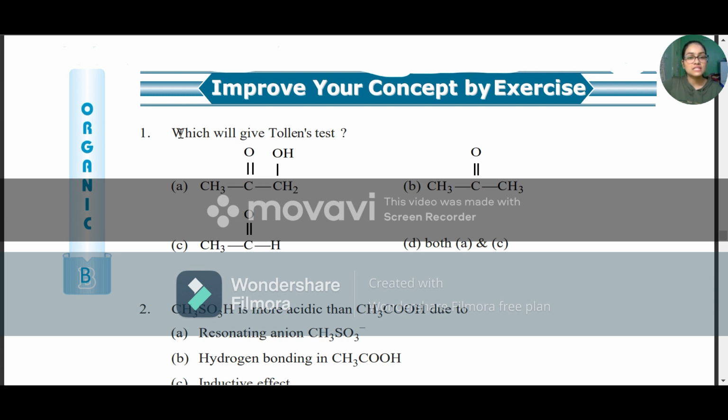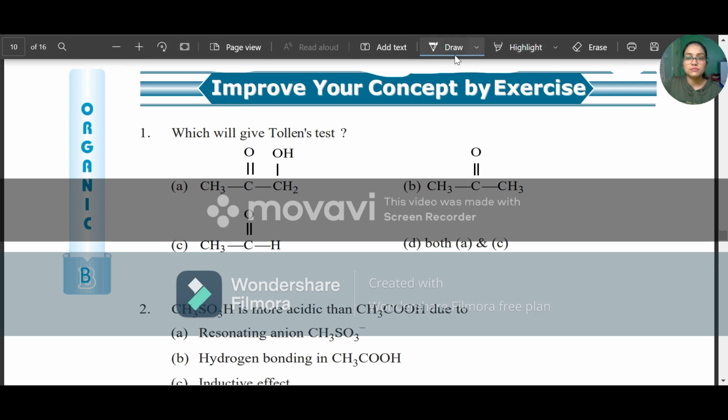So first question says, which will give the Tollens test? So this is our first option, which is a beta keto acid. This is acetone, that is a ketone group, and this is an aldehyde. This structure on resonance will give an aldehyde. So A and C both are the answer.